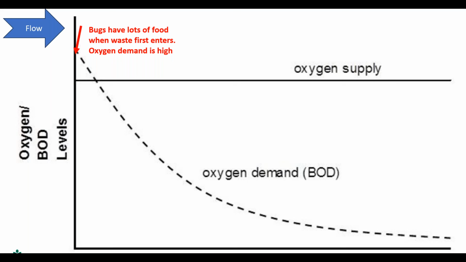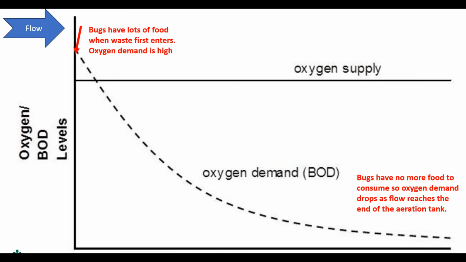But as the food is consumed, as we go through the tank, from one end of the tank to the other, the oxygen demand goes down. So you have a lot less oxygen demand by the end of the tank, and that's because at the end of the tank, almost all of the waste has been converted to cellular mass of bacteria, protozoa and other microorganisms. And that flow then goes into the secondary clarifier.